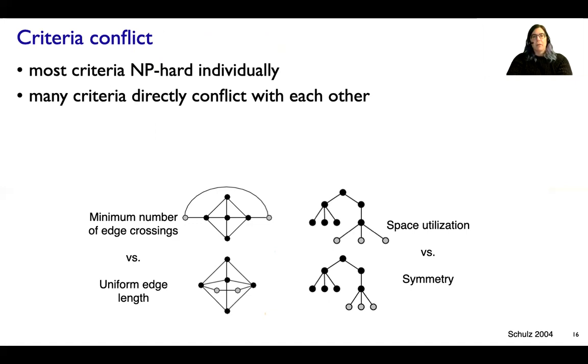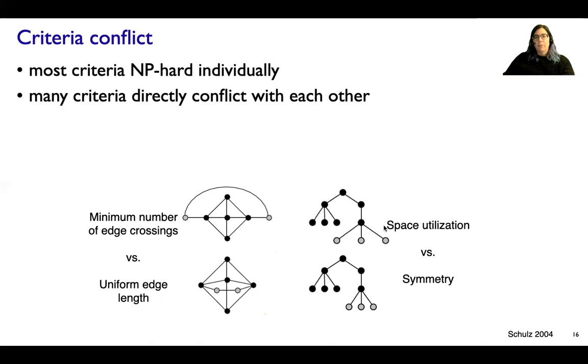Notice how if you want the length of all the edges as close to uniform as possible, that's actually fighting, here on the left, with trying to minimize the number of edge crossings. Here we have a drawing with no crossings, and here we have a drawing where the edge lengths are much more uniform, but look, we have a crossing in these edges.